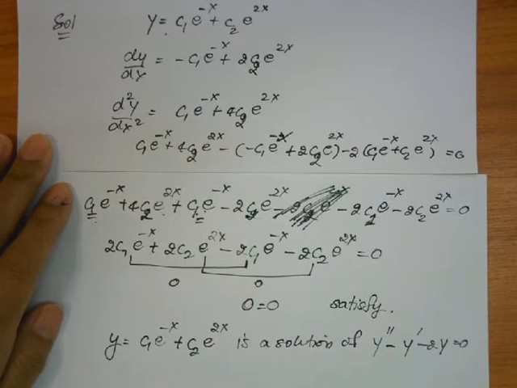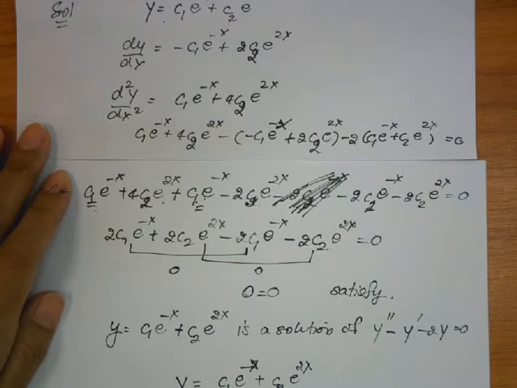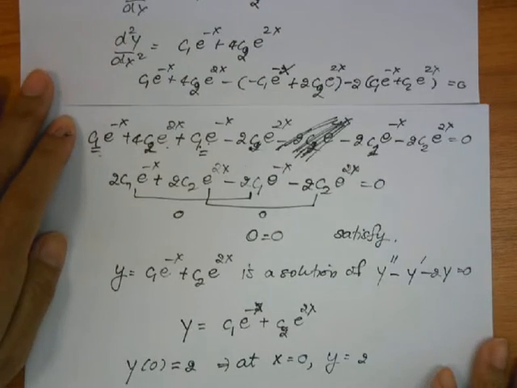In order to find C1 and C2, we got to start from the solution. Our first boundary condition is said that y(0) equal to 2. It means that at x equal to 0, y is equal to 2, right?